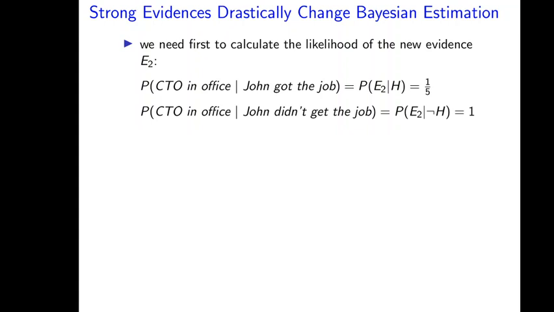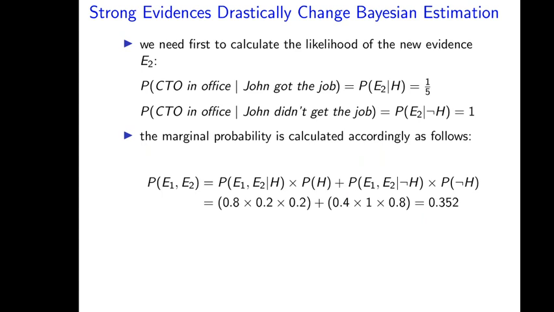While the probability that the CTO is in office, given that John did not get the job, which means the probability that the new CTO will work in office, given that the job went to another candidate, is equal to 1, because each other candidate in the final interview is ready to work from office 5 days per week.